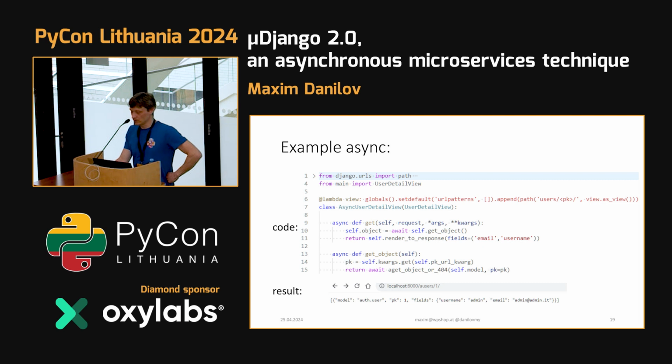Instead of creating URL patterns below my view, I create a decorator which, like FastAPI, like Flask, like some other frameworks, we decorate the view with the URL.